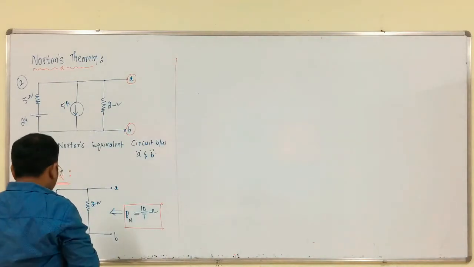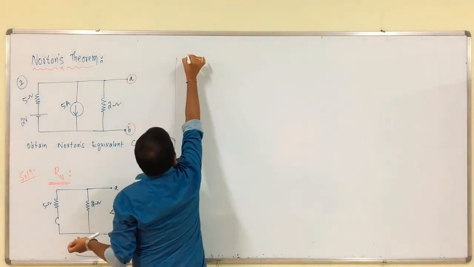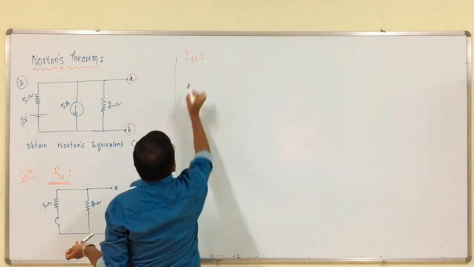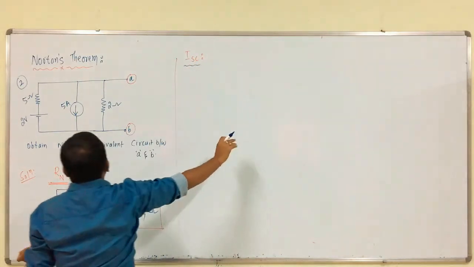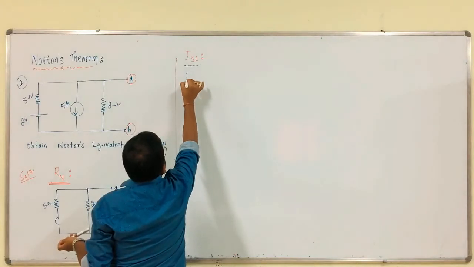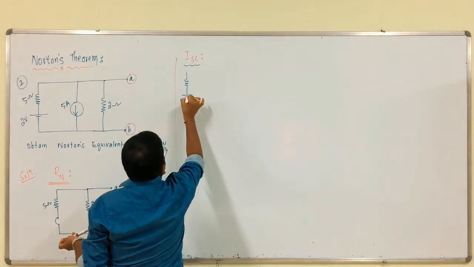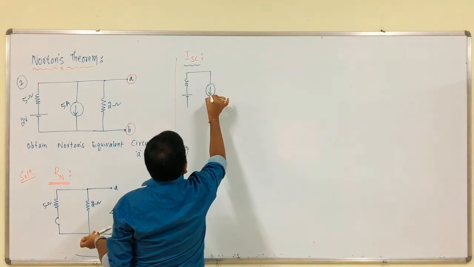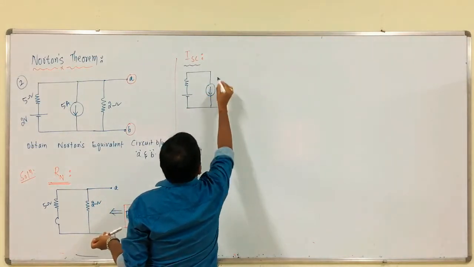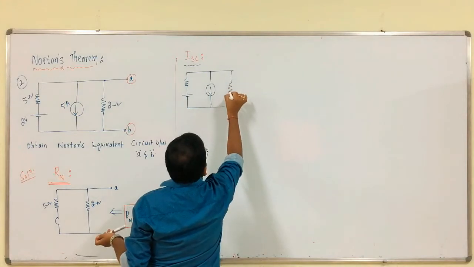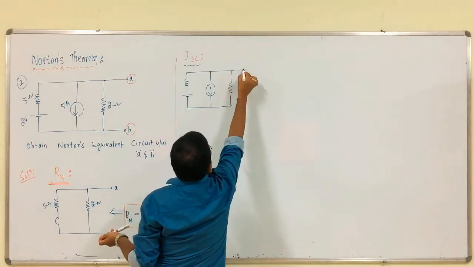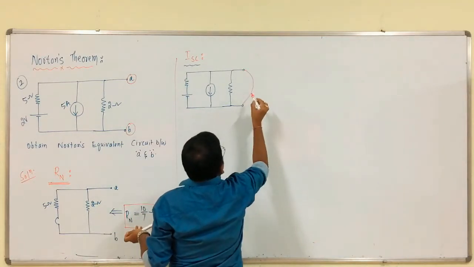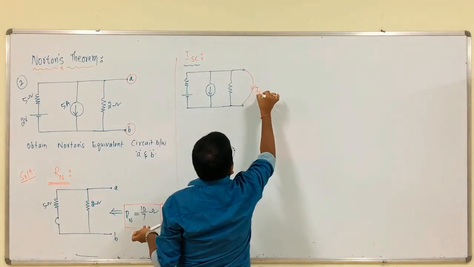Next, we have to calculate ISC. We have a current source, we have a branch, this is A, and between these two terminals we have to calculate ISC.